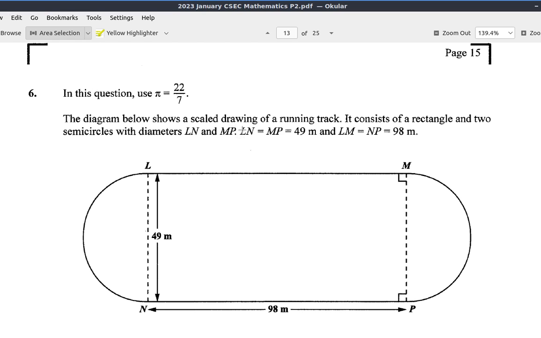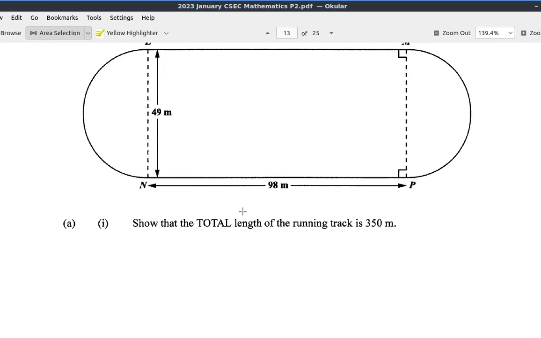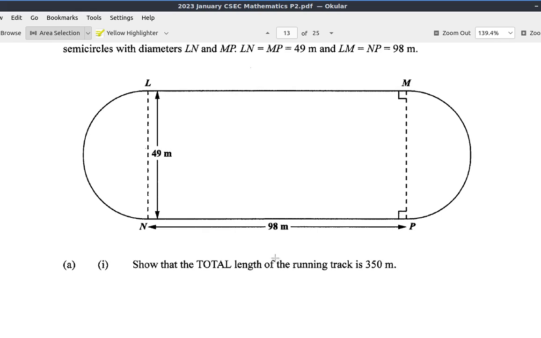LN equals MP equals 49 meters, and LM equals NP equals 98. Alright, so you see them there on the diagram. Show that the total length of the track is 350 meters.